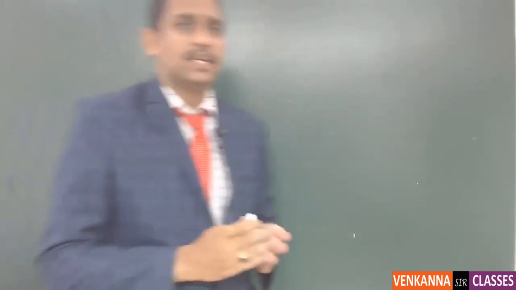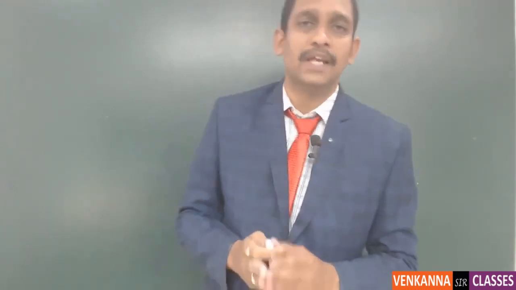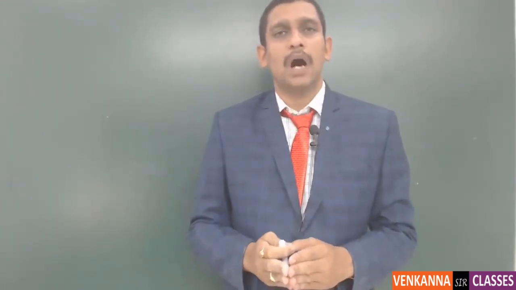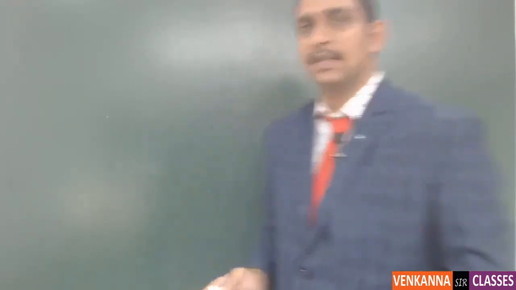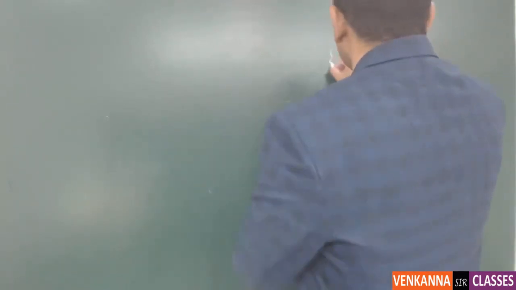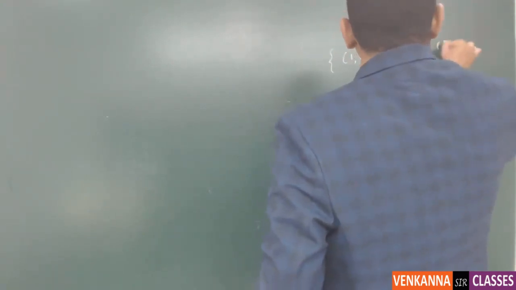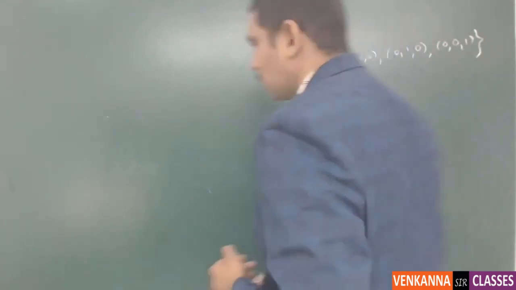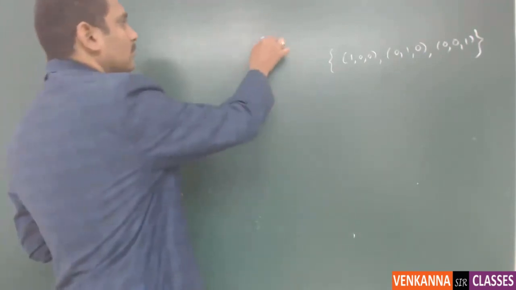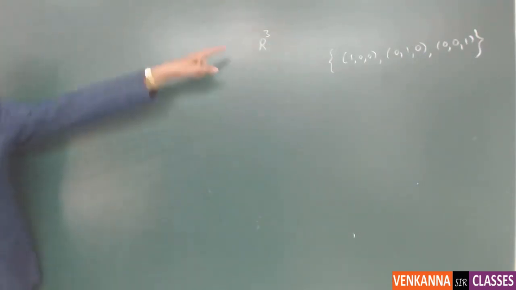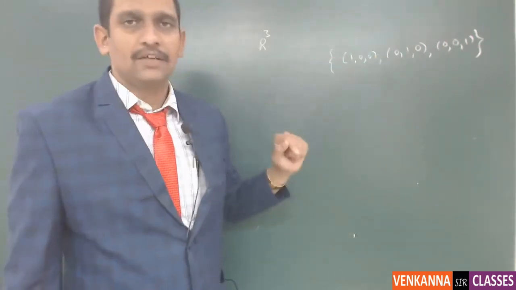As we know, whenever you consider two-dimensional, three-dimensional vector spaces, let me say r square, r cube, r power 4, etc., for all these vector spaces we have the standard basis, combinations of ones and zeros. We call it the standard basis for r cube. Since the dimension of the space is 3, we have a basis consisting of 3 vectors.